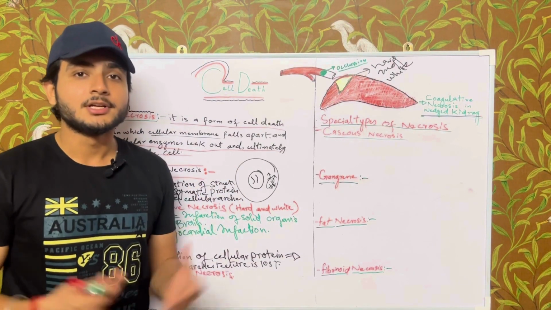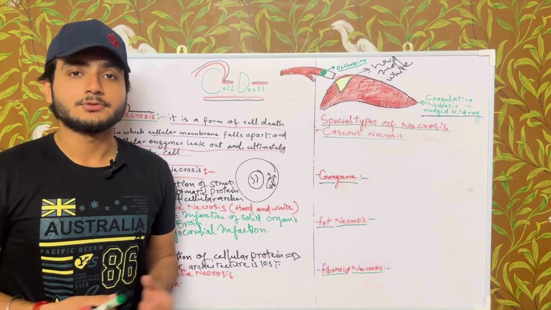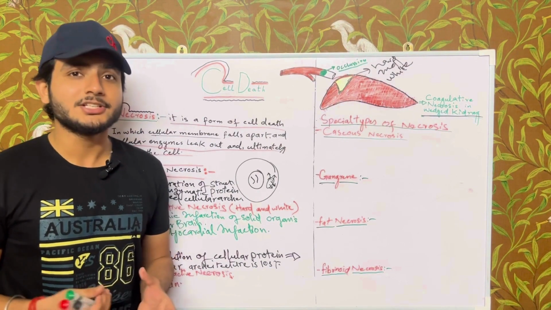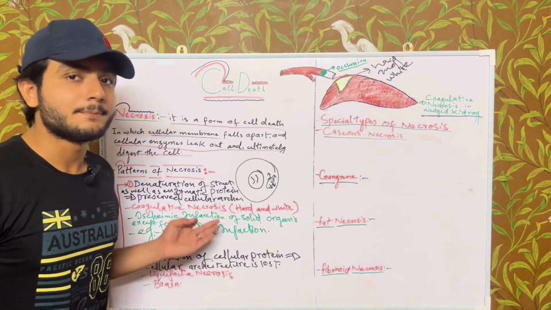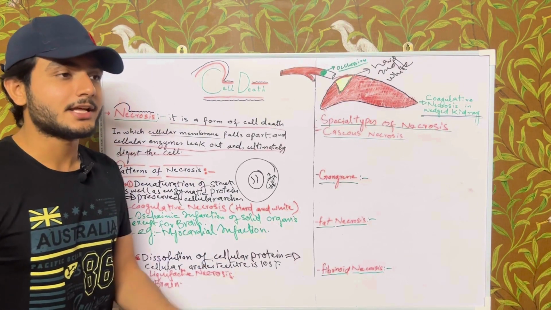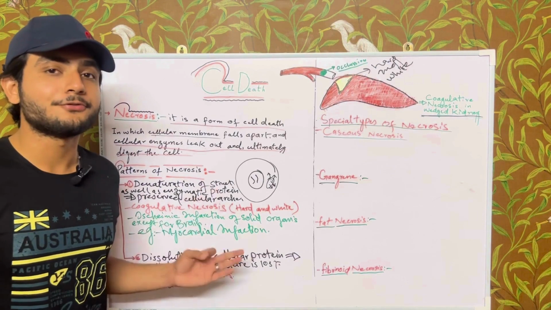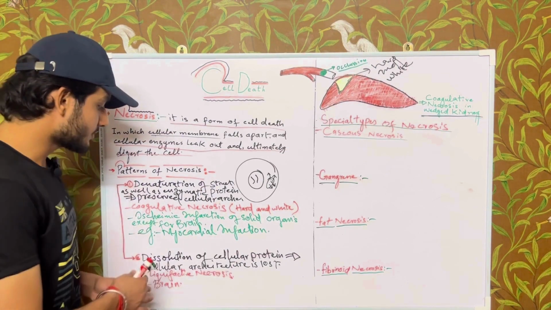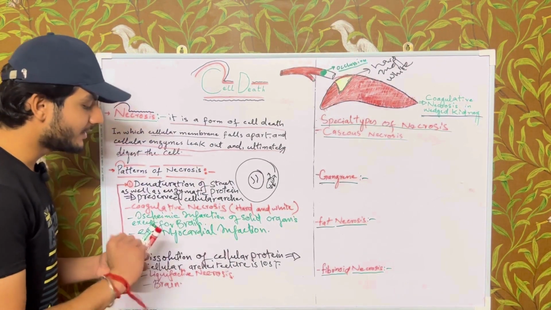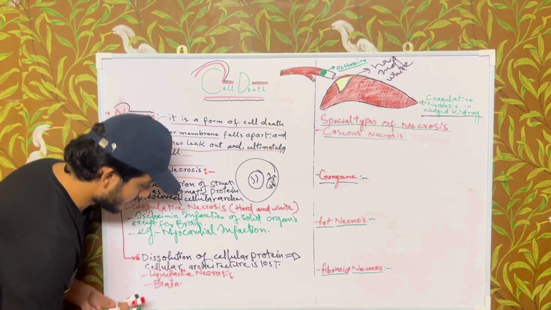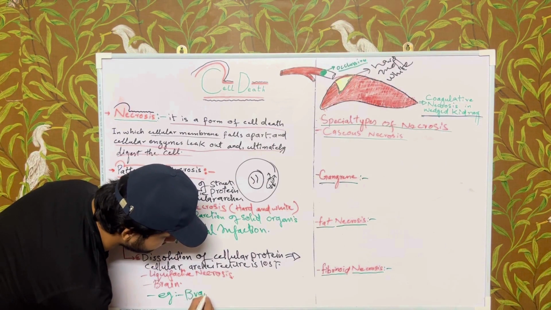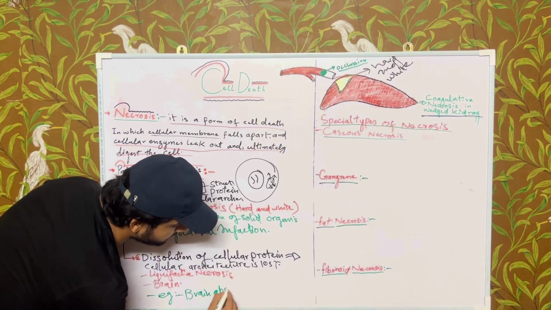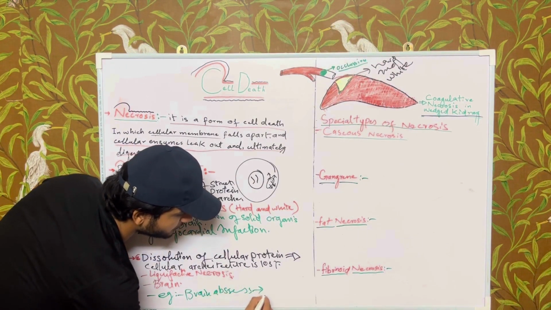Due to the infection, there is aggregation of immune cells, including neutrophils and macrophages, and these neutrophils then release hydrolytic enzymes, causing dissolution of brain protein and therefore formation of fluid filled cavities in the brain. So this was all about the examples and site of liquefactive necrosis. Best example is brain abscess, in which the dissolution is caused by neutrophils.